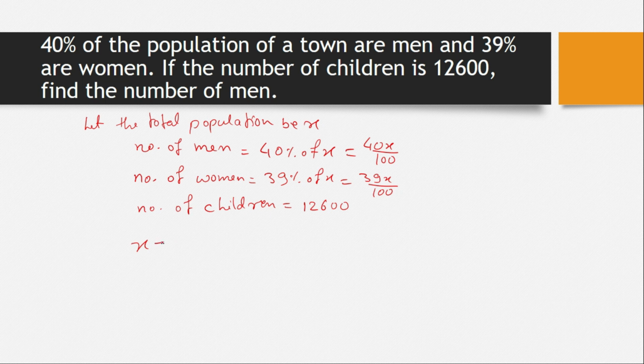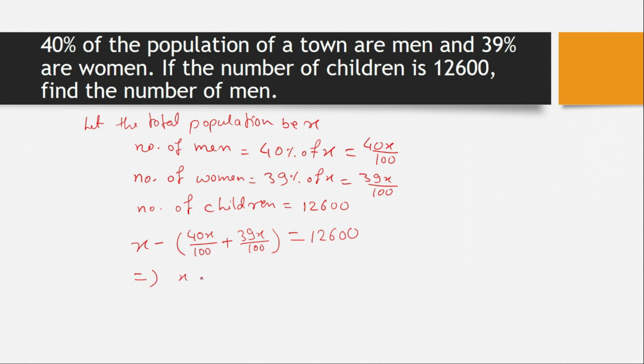So we can write it as x, that means population, minus the number of men plus the number of women. Okay, this is equal to the number of children in the town. If we solve this, what will we get?